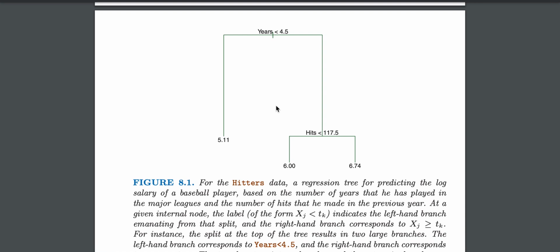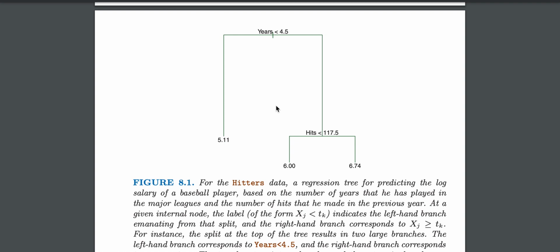And we remove observations that are missing, and we log transform salary so that the distribution is more bell-shaped, because salary is typically right skewed, and it is a standard thing to do to take the logarithm of the salary to make it more symmetric and bell-shaped.